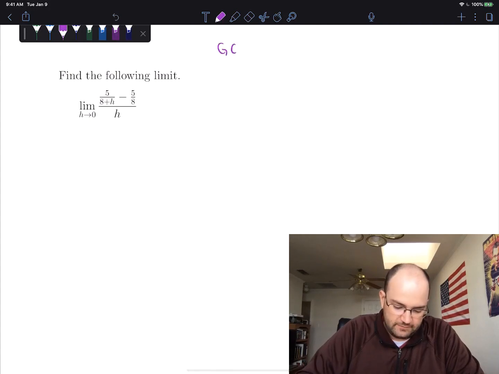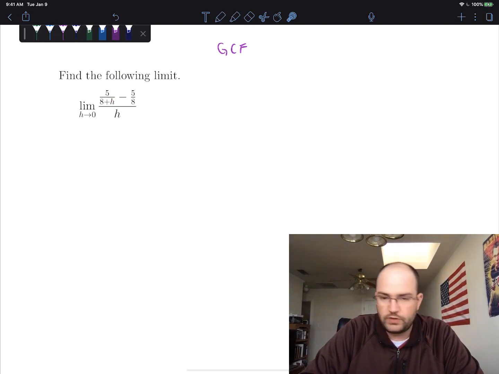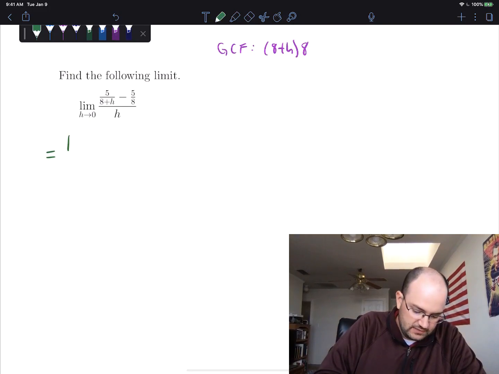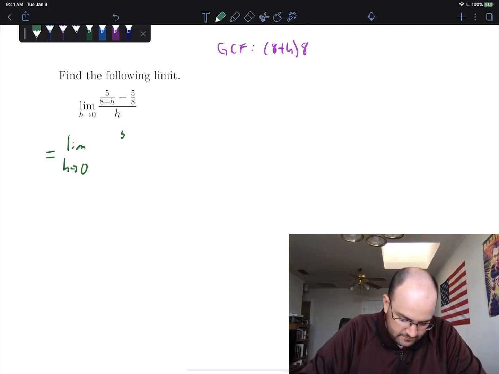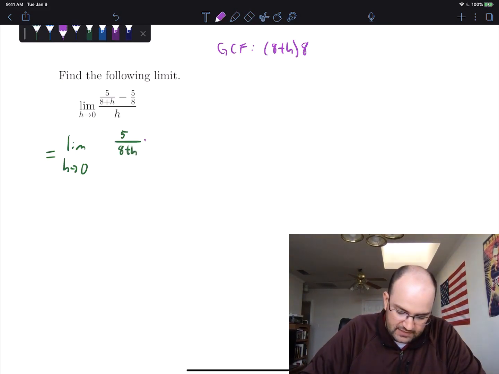So the GCF, or the greatest common factor for all terms here, I'm considering each individual term in both the numerator and denominator, is going to be simply 8 plus h times 8. So what I'm going to do is take the limit as h goes to 0 of 5 over 8 plus h, and I'm going to multiply that by the GCF of 8 plus h times 8.